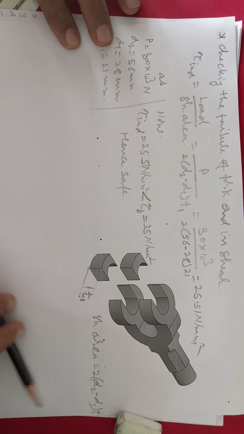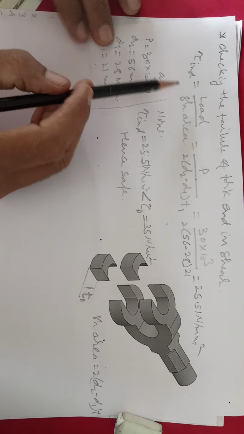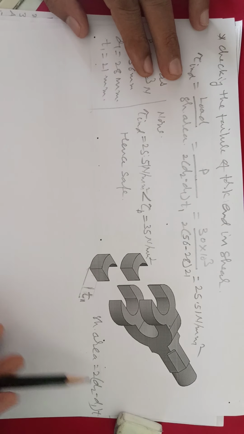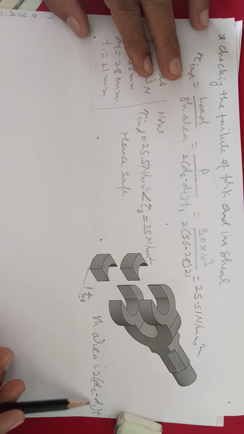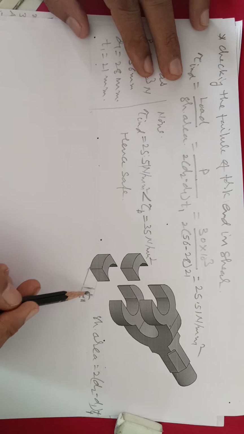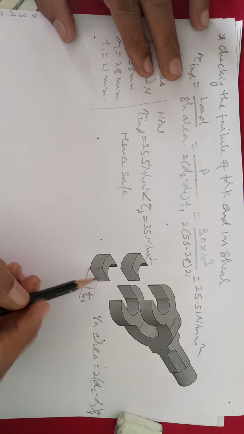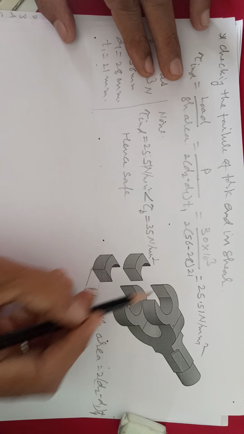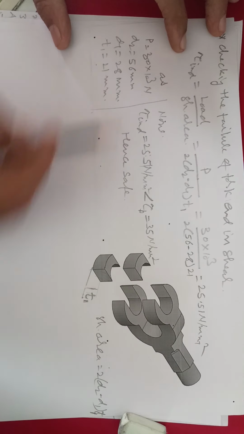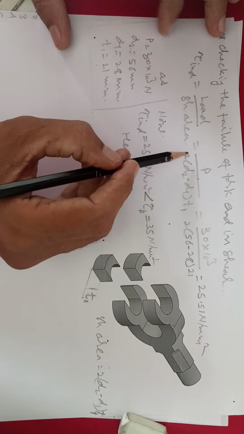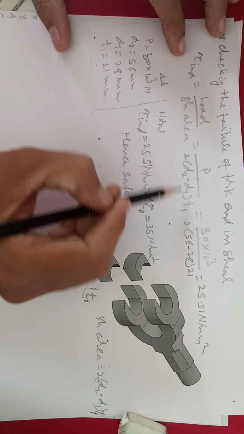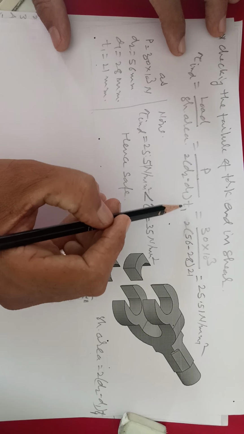Now checking the failure of the fork end in shear, we will form the strength equation. Tau induced is equal to load upon shear area. The shear area is given by 2 into (d2 minus d1) into t1, where t1 is the thickness of the fork. These are the resisting areas of the fork in shear. So tau induced is equal to P upon 2 into (d2 minus d1) into t1.